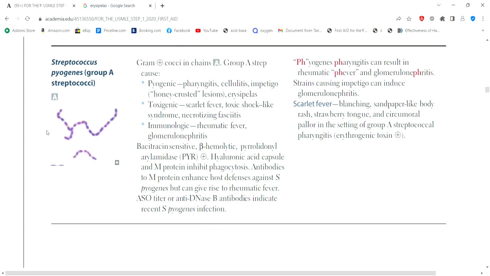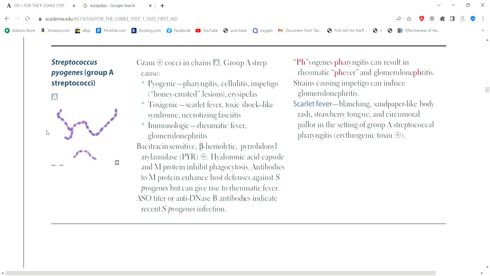So after group A strep invades, our body will make antibodies against the M protein, and these antibodies will also bind to the heart proteins, giving you acute rheumatic fever. This is why you get acute rheumatic fever after a streptococcus pyogenes infection.